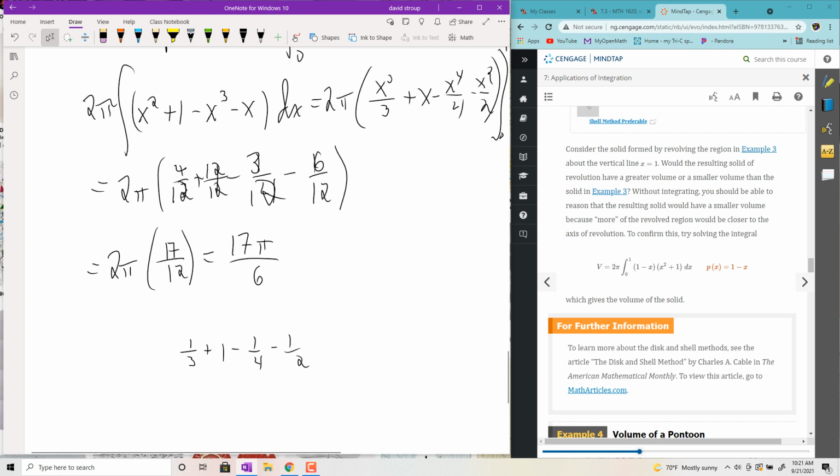So it's 1/3 plus 1 minus 1/4 minus 1/2 on a common denominator. So 4/12 plus 12/12 minus 3/12 minus 6/12. 16/12 minus 9/12, which is 7/12. Ooh, I did mess it up, didn't I?